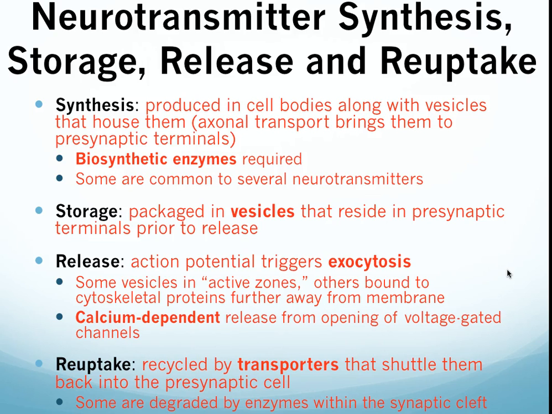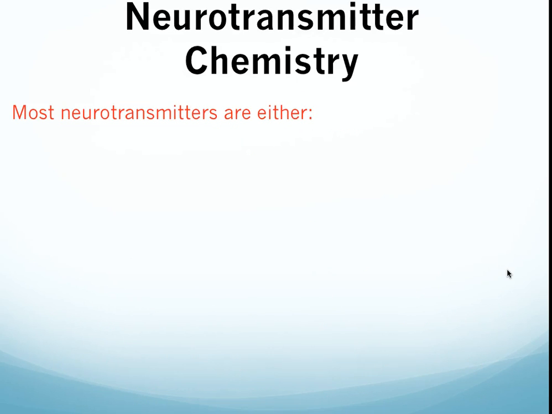So what it's going to do is either perform a process called reuptake, where the neurotransmitter is actually transported back into the presynaptic neuron through a specialized transporter on the membrane, or the neurotransmitter is going to be degraded by specific types of enzymes, all right? So either neurotransmitters get reuptaken back into the presynaptic terminal or they get degraded by enzymes.